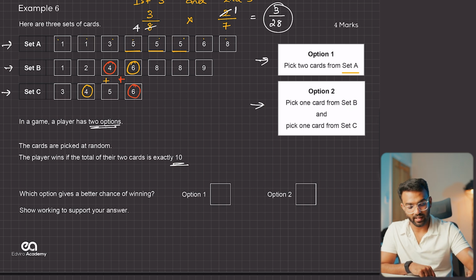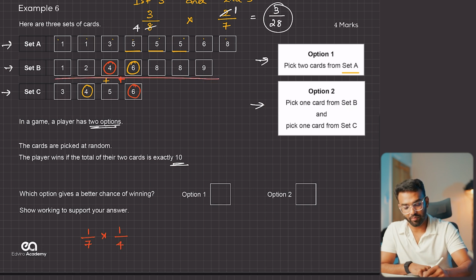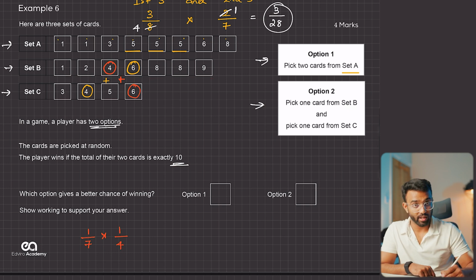So a 4, what is the probability of picking a 4 from here? That would be 1 by 7, because there are 7 cards in set B. And picking a 6 from set C would be 1 out of a 4, right? So this is 1 out of 7. We picked 4, and we're picking 1 out of the 4. Or means addition, so we are adding it.